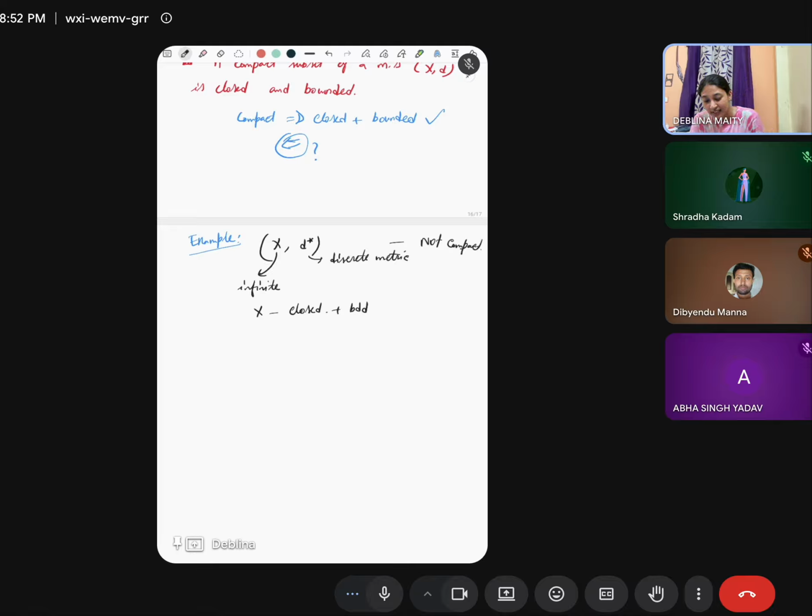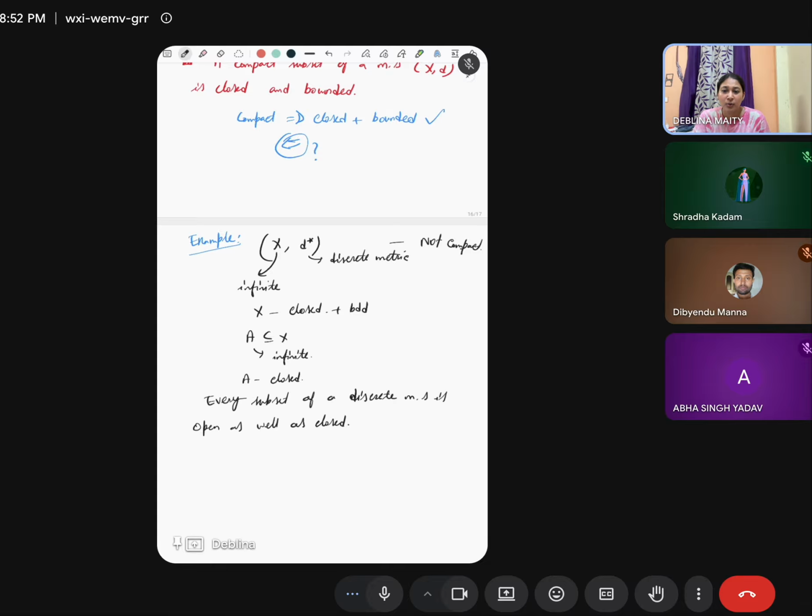So if we take any subset A of X, which is infinite, then this A is also closed, right? Because every subset of a discrete metric space is open as well as closed.